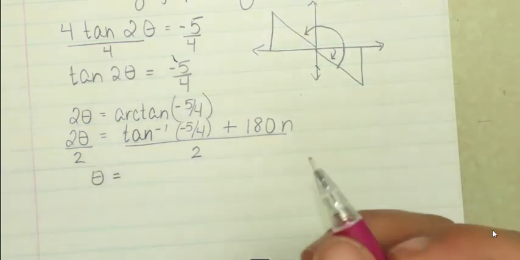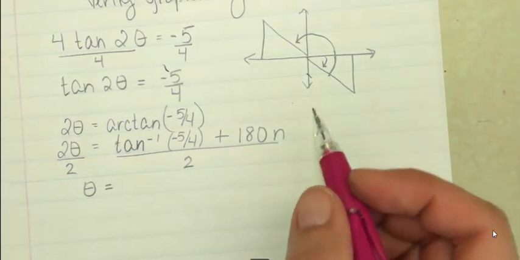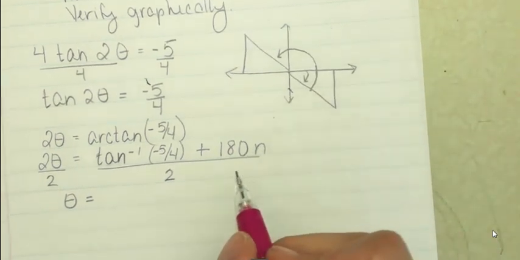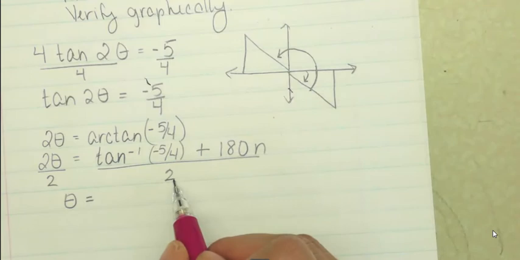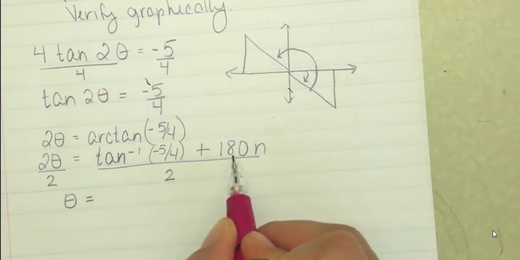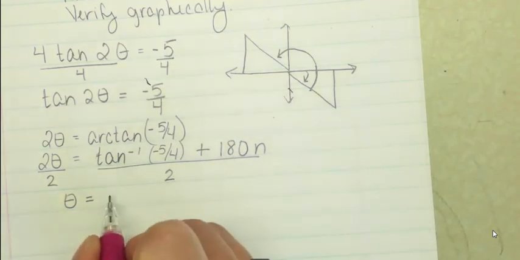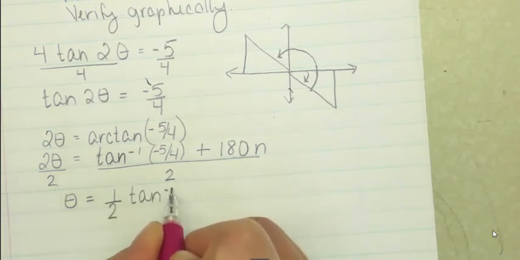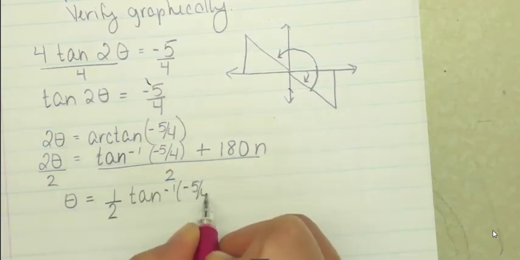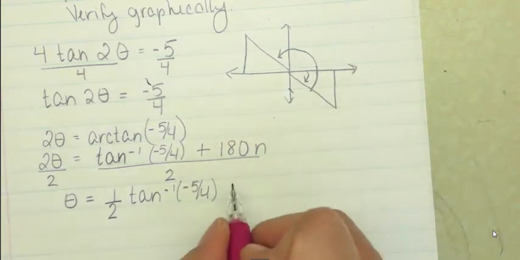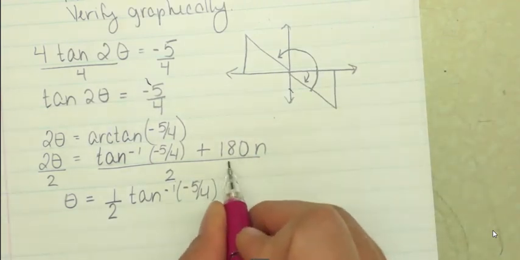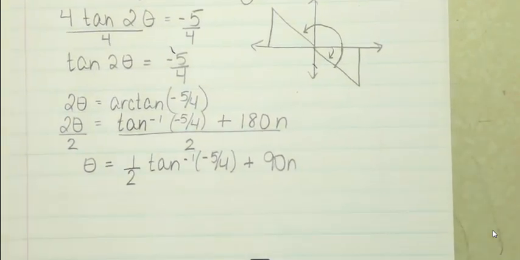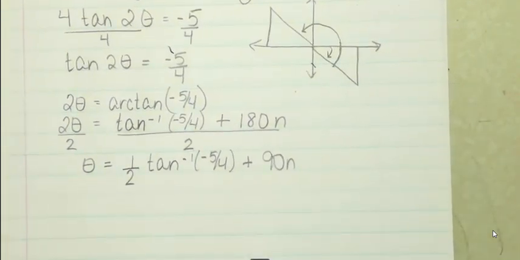So I have to be really careful when I think about this, because normally I'm thinking, hey, I need to add 180 for every half revolution, but really that 180 is getting divided by 2, so I'm really going to be adding 90. Okay, so you're going to have a half of tan inverse of -5/4, plus you're also going to have a half of this 180, which really gives you 90n. That becomes a little bit more tricky.